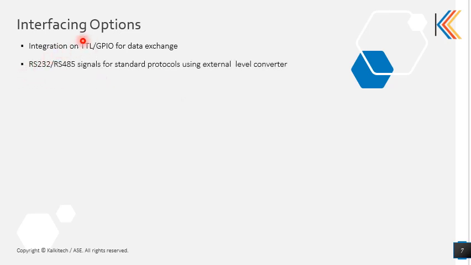Then from the TTL, if there is a requirement, you can have it converted to RS-232 or 485 directly using a level converter. Most ICs are readily available for this conversion purpose.